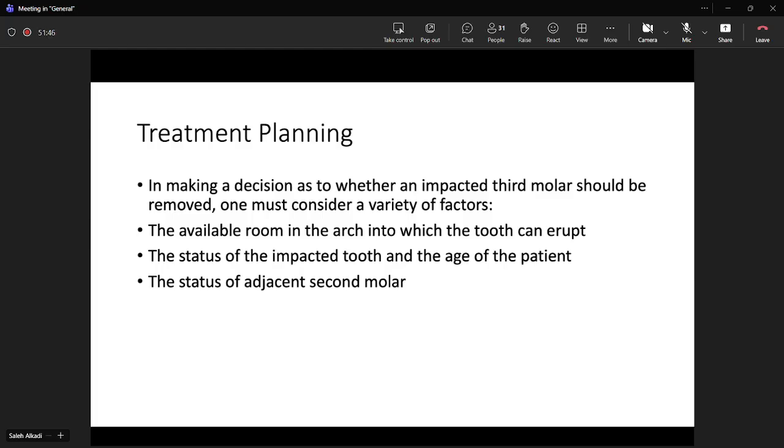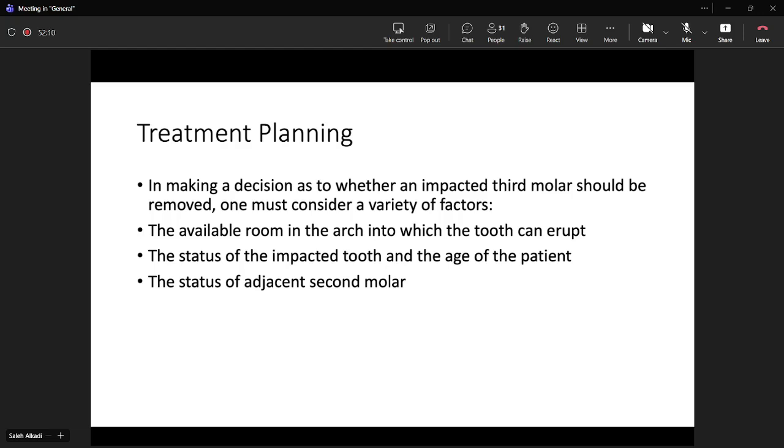In making a decision whether an impacted third molar should be removed, you need to consider a variety of factors. We talk here about a young patient presenting to your clinic, wisdom teeth still erupting. You get consulted about these wisdom teeth, whether to leave or extract.